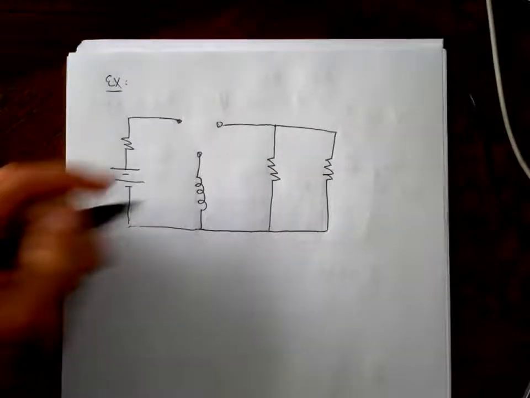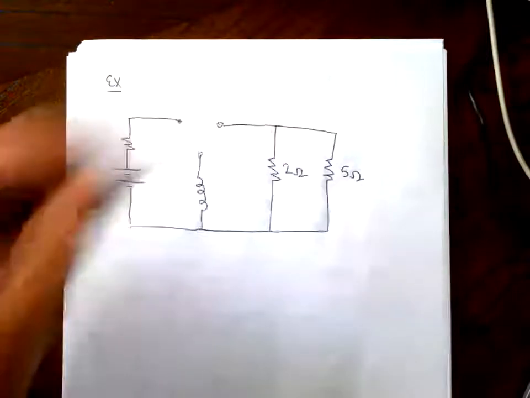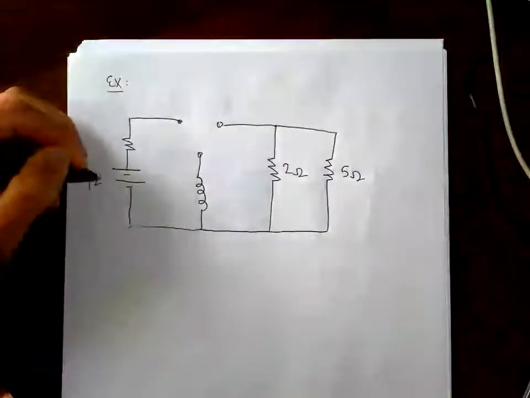So let's say this is 5 ohms, and this is 2 ohms, and this is 12 volts.